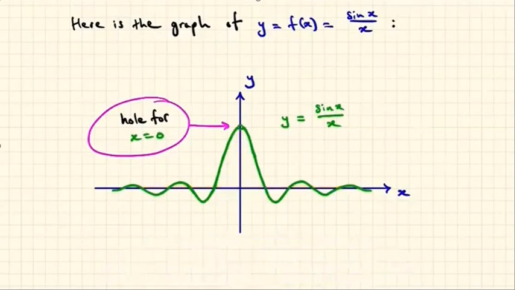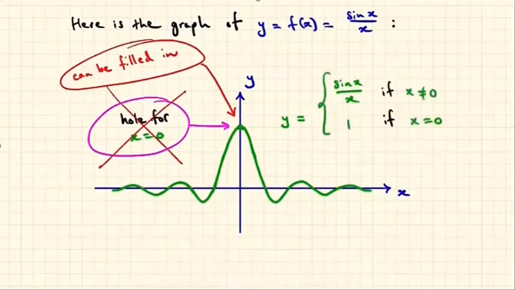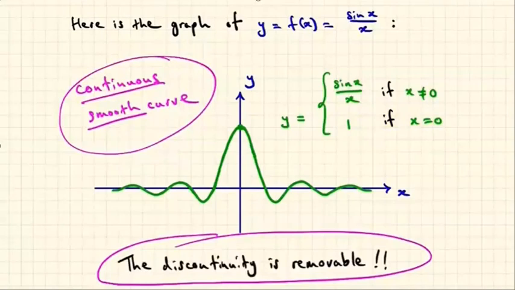But now take the value 1 in the special case when the input x is equal to 0. The discontinuity turns out to be removable, and we produce this beautiful, continuous, smooth curve. It's a famous curve that has many applications in areas of physics and engineering, such as signal analysis, acoustics, and optics.